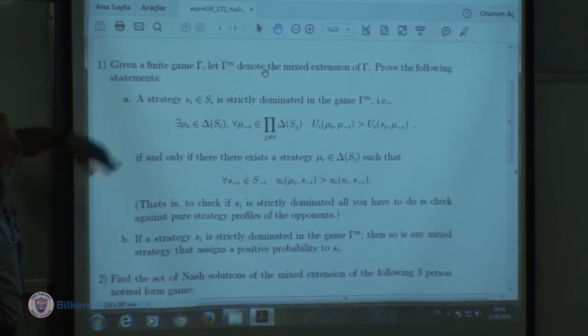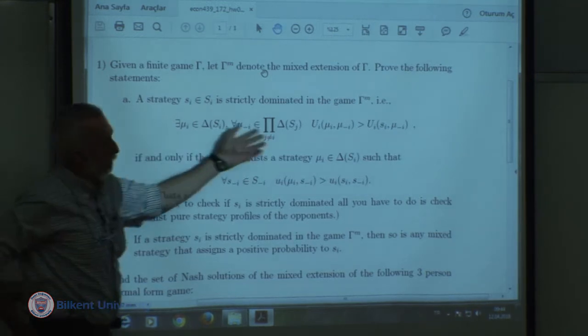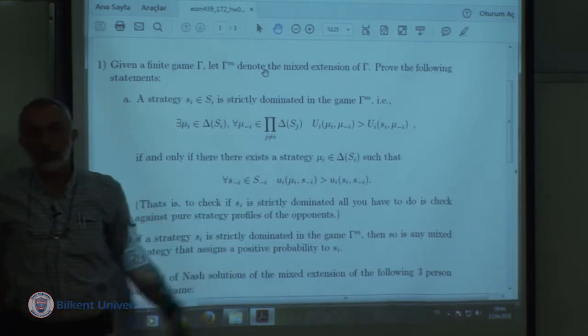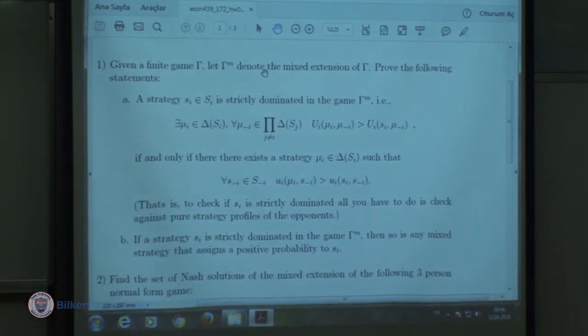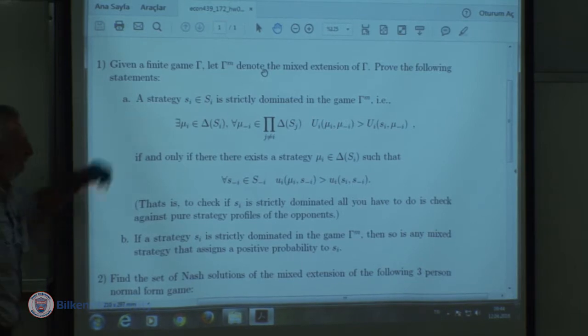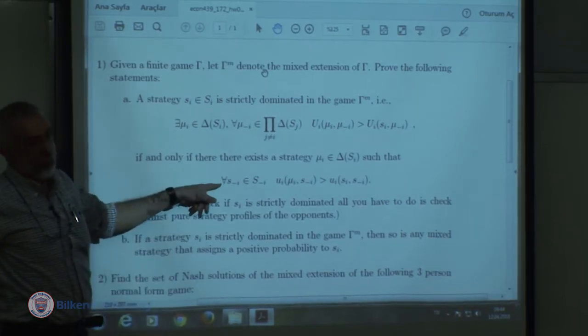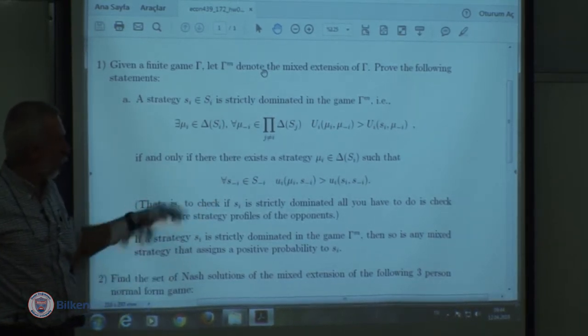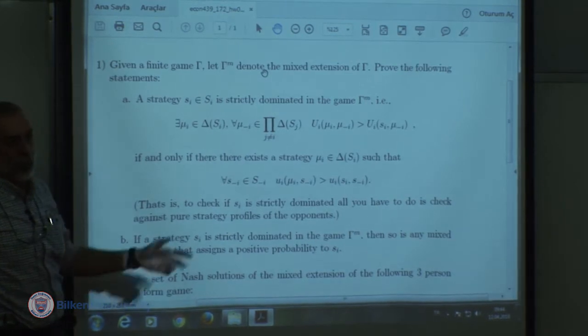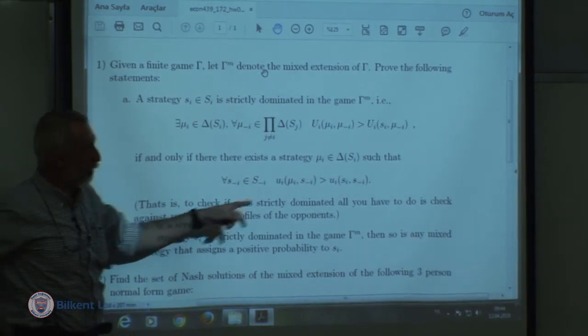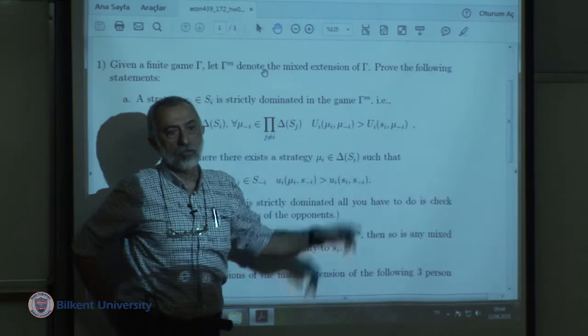Part A, we have a finite game. A strategy Si of agent I is strictly dominated in the mixed extension game. Well, this is actually the normal definition of strict domination. Nothing fancy here. But the important part is this: normally when you check for strict domination, you have to check for every strategy.